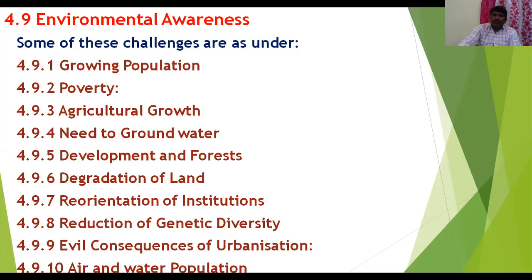The fourth is the need for groundwater. It is essential to rationalize the use of groundwater. Factors like community waste, industrial effluents, and chemical fertilizers and pesticides have polluted our surface water and affected the quality of groundwater. Restoring the water quality of our rivers and other water bodies such as lakes is an important challenge.